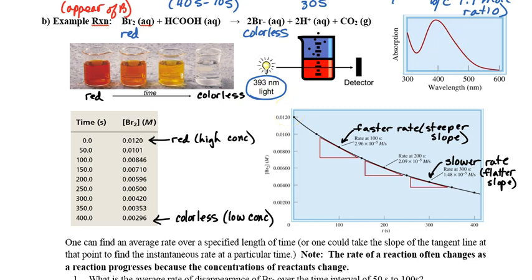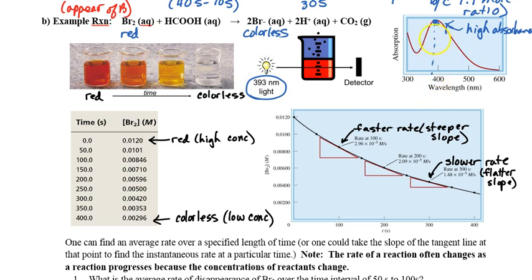The reason it's working is because this is the absorption of the Br2 solution, right? Around 393, we have really good, high absorbance of the 393 nanometer light.